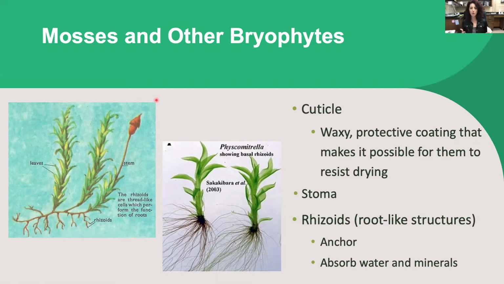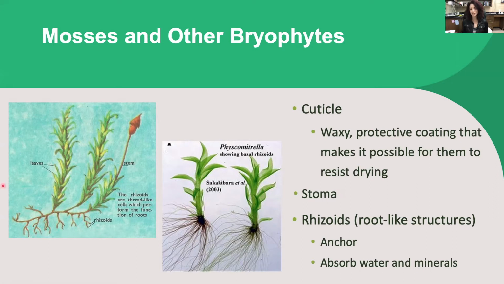These stomatal pores are another adaptation that help prevent against water loss. This is something that we were exposed to when we were talking about photosynthesis in one of our previous modules. So again, our mosses and bryophytes also have those stomatal pores to prevent against dehydration. Another adaptation that mosses and bryophytes have are these root-like structures called rhizoids.